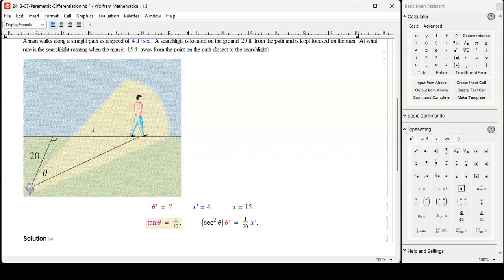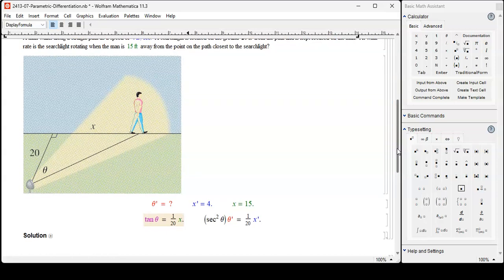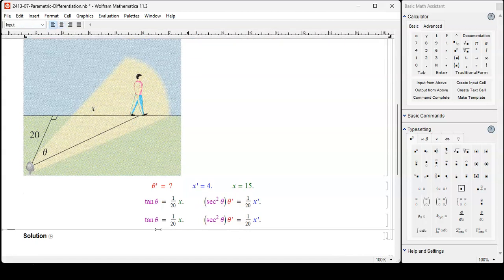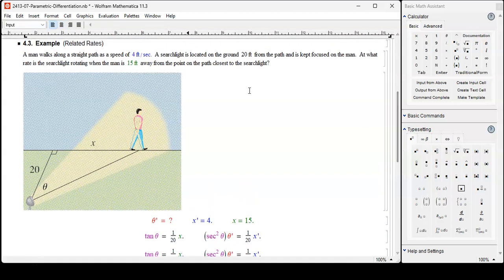X over 20 is correct, but let's rewrite it as 1 over 20 times x so that you can see this coloring a little bit better. This trigonometry is causing trouble. Tangent theta versus secant squared theta. Otherwise, we have 2 equations and 2 unknowns after plugging numbers. So it looks good. You see, x is what?